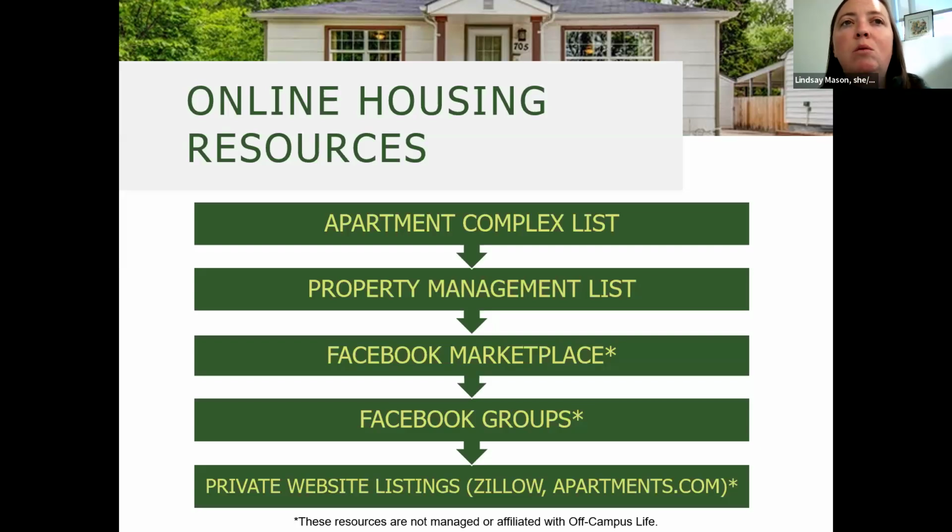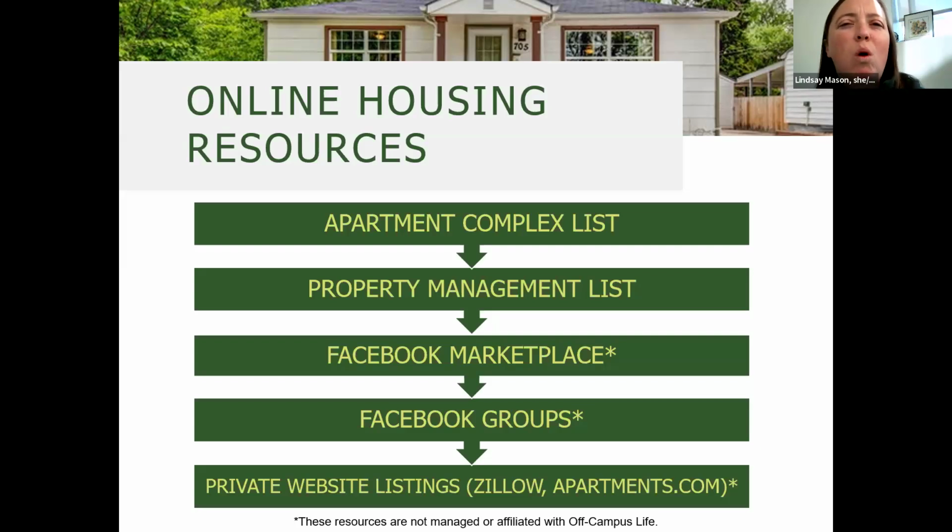For example, it will tell you how far the complex is from campus. It will tell you if they offer furniture, or if you have to bring your own furniture, if they allow pets or animals. Property managers have to allow emotional support animals or service animals, but this list will tell you if they allow pets that are not designated as ESAs or service animals.